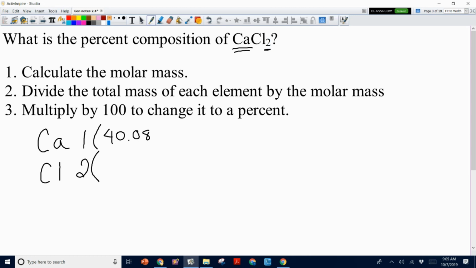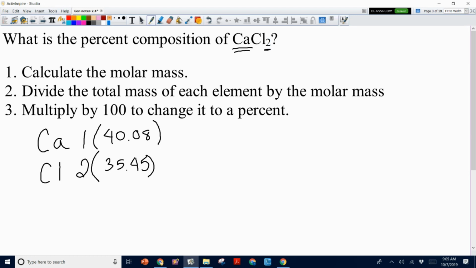So let's all be consistent and use the periodic table that we glued in our notebooks. Calcium is 40.08 grams per mole. Chlorine is 35.45 grams per mole.